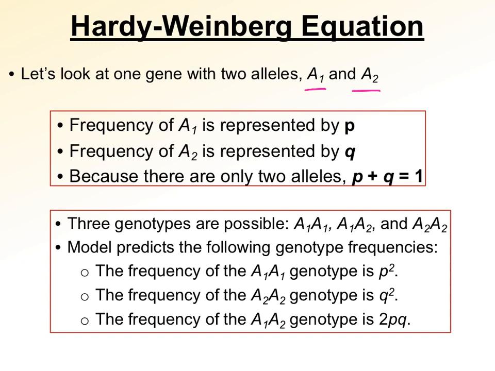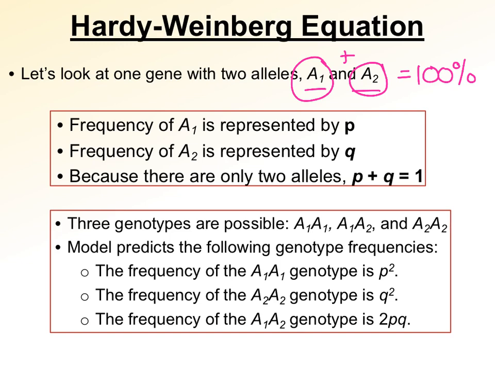And if there are only two alleles in that population, then the percentage has to equal 100%. So the percent of the time you see A1 plus the percent of the time you see A2 has to equal 100% because the total is 100. And we know that the only options are A1 and A2. Therefore, all of it has to equal 100%.